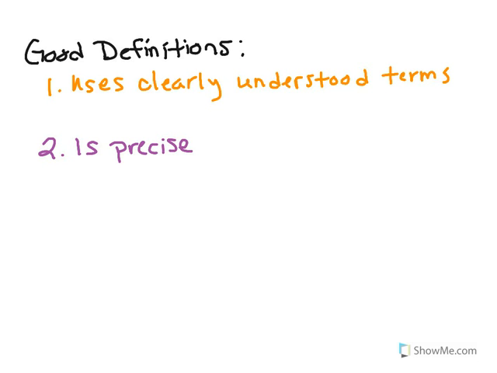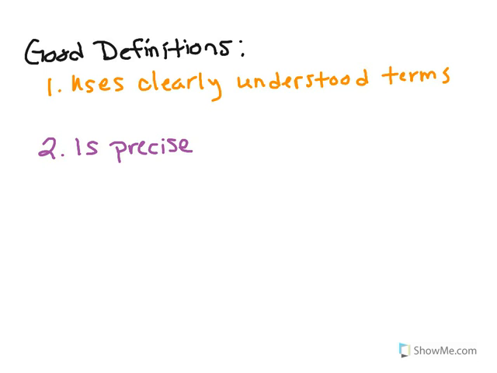You don't want to use arbitrary words like large or sort of or almost. You want to give specific measurements, if you can, or any kind of word that can't be changed just because of somebody's perspective. Large to you may not mean the same thing as large to me.